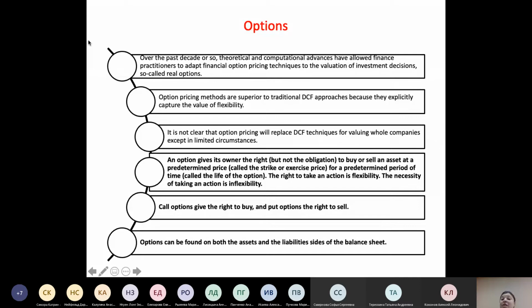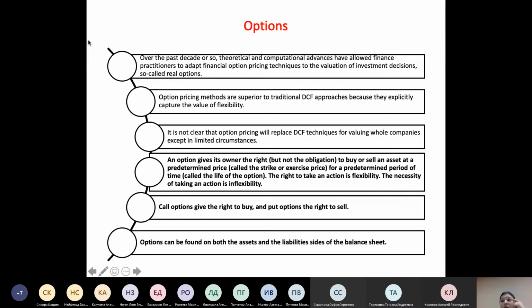It's only the right, but not the obligation. And the right to take an action is flexibility, and sometimes we can divide this flexibility according to our actions.